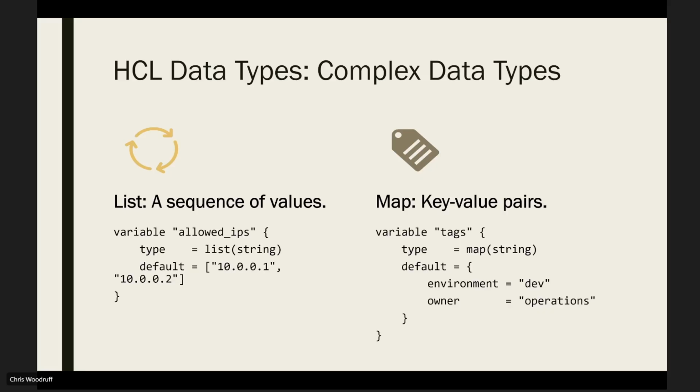So if you're setting up some kind of resource that has many properties in it that you need to set up, sometimes the provider will make you use a map, which is pretty simple. We've all probably worked with key value pairs, so it's just very declarative.